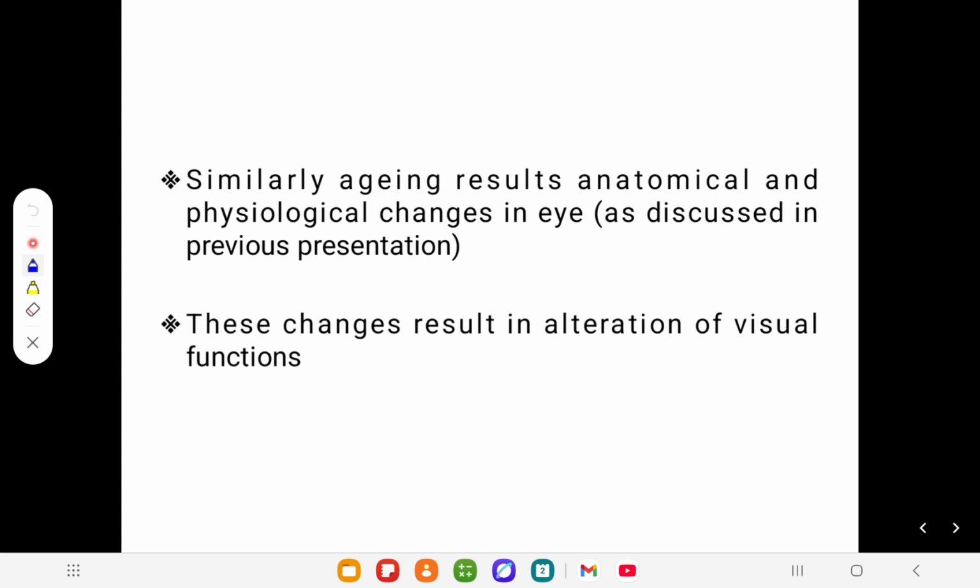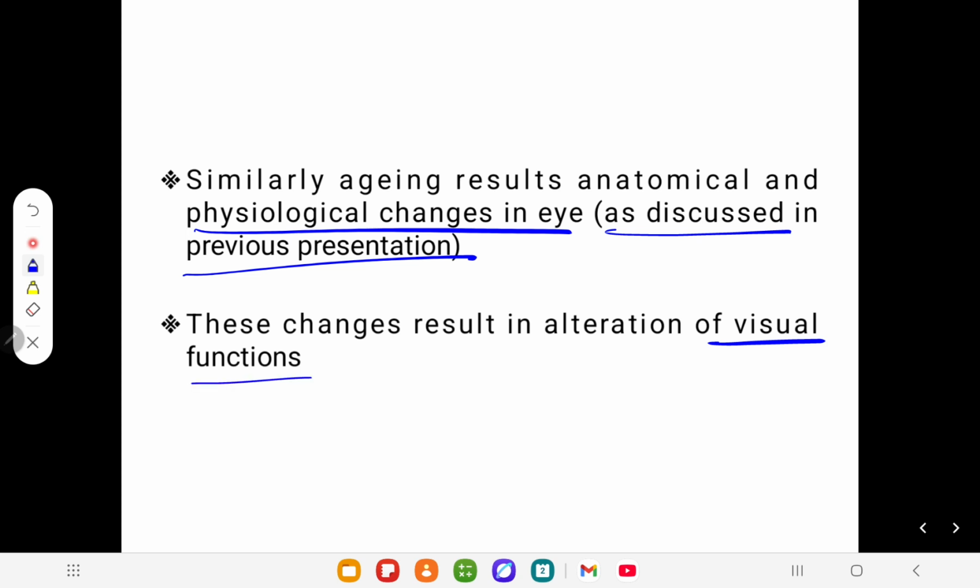So similarly, aging results from anatomical and physiological changes in the eye. As discussed in previous presentations, the physiological and anatomical changes are a very inevitable process. The changes result in alteration of visual functions.